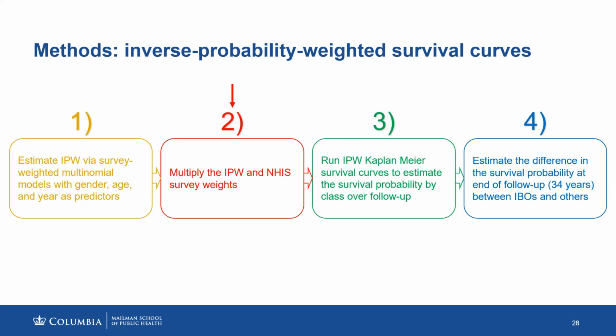Next, we multiplied together the IPW and MPIS sampling weights in order to make our estimates confounder adjusted and nationally representative. Finally, we ran IPW Kaplan-Meier survival curves with robust standard errors, which estimated the probability of survival over follow-up by class and the difference in the probability of survival at the end of follow-up across classes.